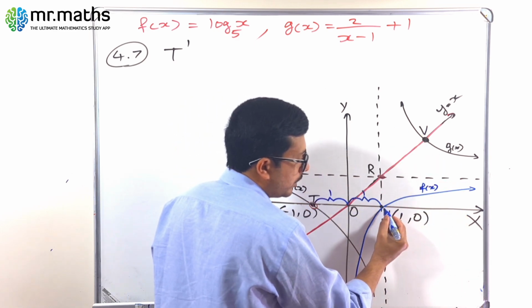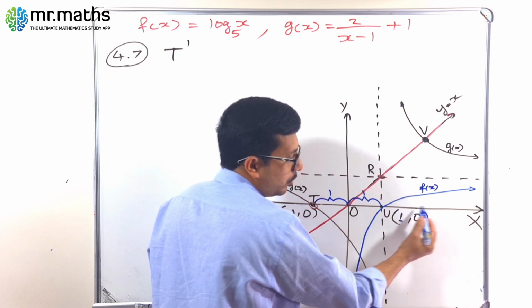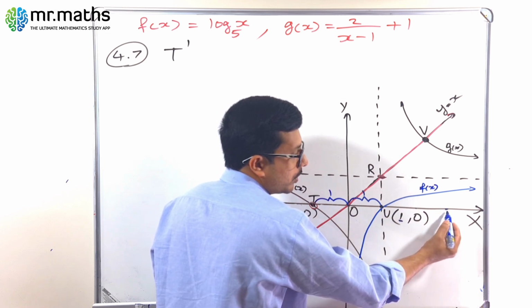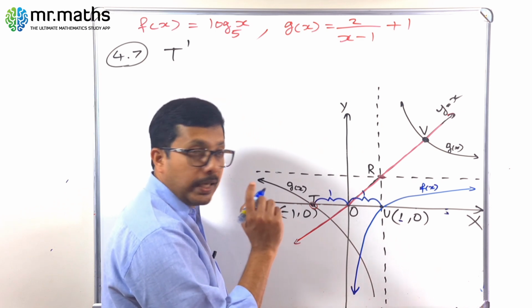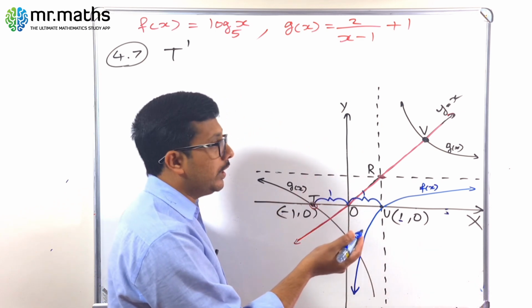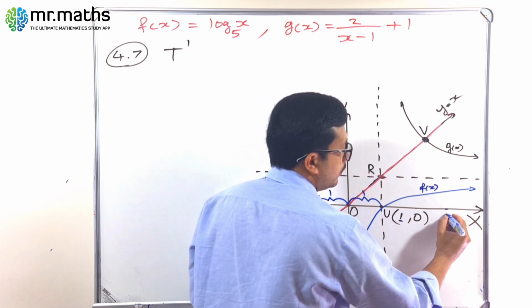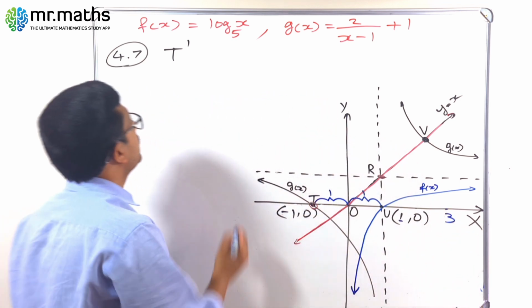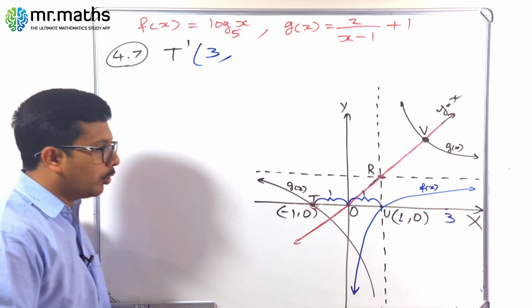Here the x value is 1. So 2, 3. It must come somewhere here, 3. So the x value of that point T dash is supposed to be 3. Listen once more.